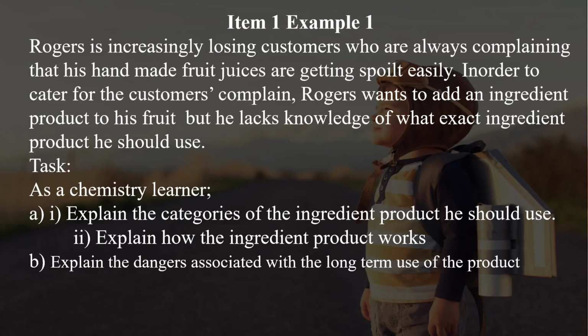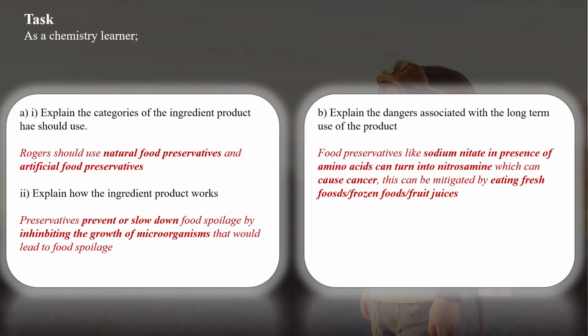Now, we're going to categorize it in this way. Rogers will use natural food preservatives or artificial food preservatives, because food preservatives are categorized into natural and artificial food preservatives. So he can use any of the two, right?